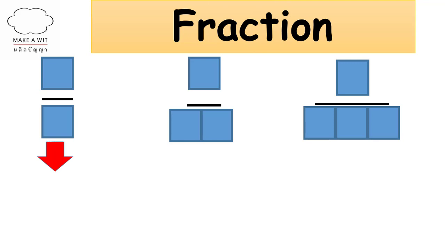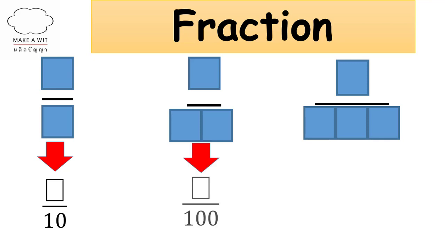And you look at this. Fraction. The first one, blank over blank. It means blank over 10. This number. Then blank over blank blank, it means blank over 100. And look at this.